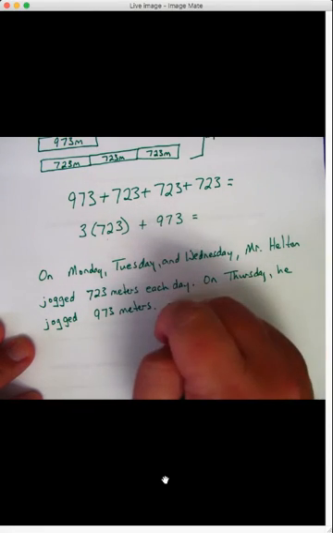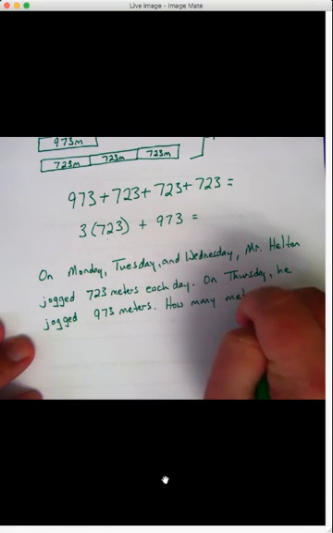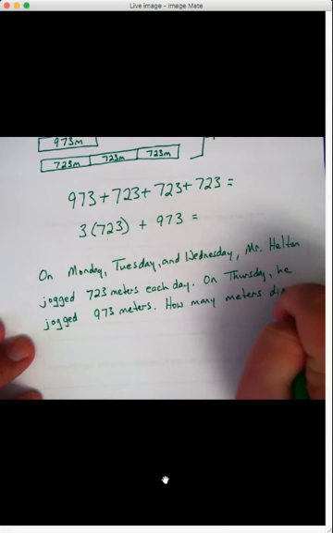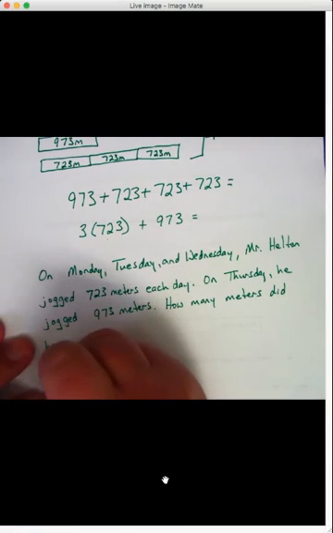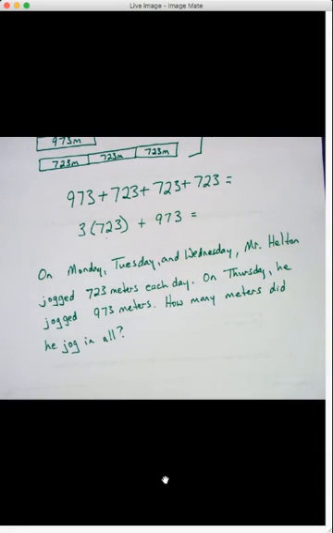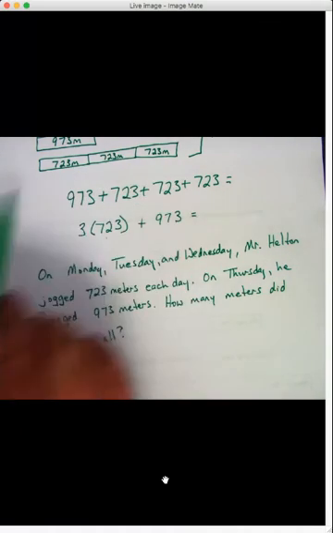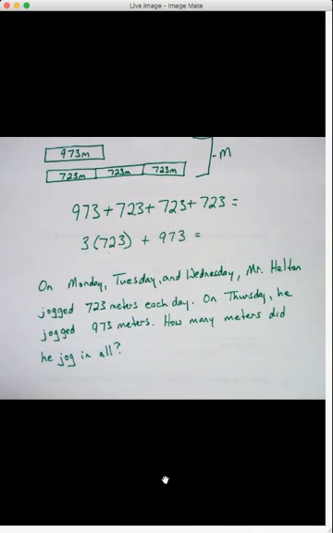We would have to ask something like this. How many meters did he jog in all? So that would be a word problem we could write, right? We could use that word problem to show what this tape diagram is asking for.